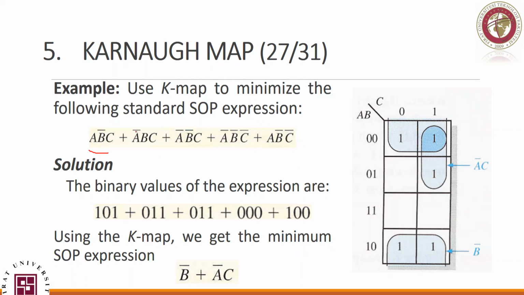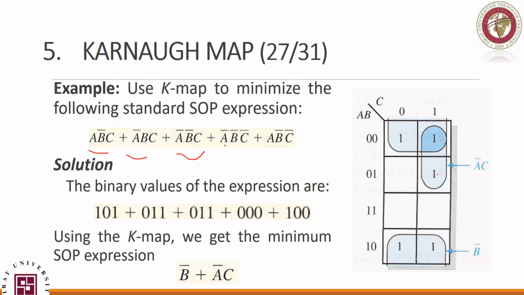Take the second term, A bar B C, 0, 1, 1, this one. Okay. Then A bar B bar C, 0, 0, 1, this one. Okay. Then we have A bar B bar C bar.